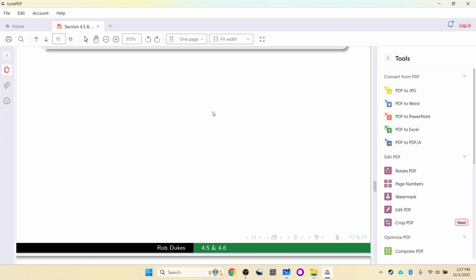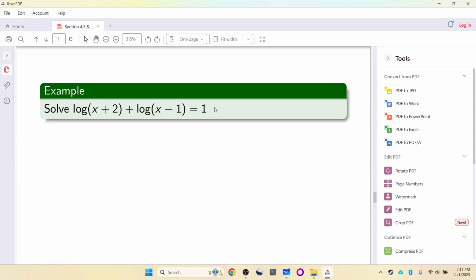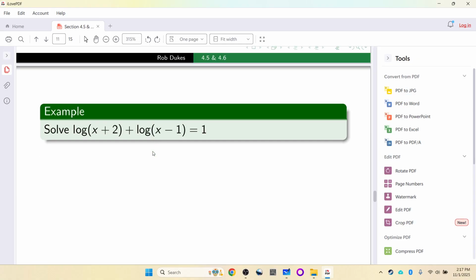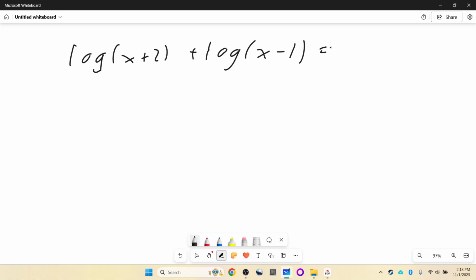Okay, let's see what's next. We have log of x plus 2 plus log of x minus 1 equals 1. My thought is I'm going to combine these two into a single logarithm. Combine these as log of x plus 2 times x minus 1 equals 1.